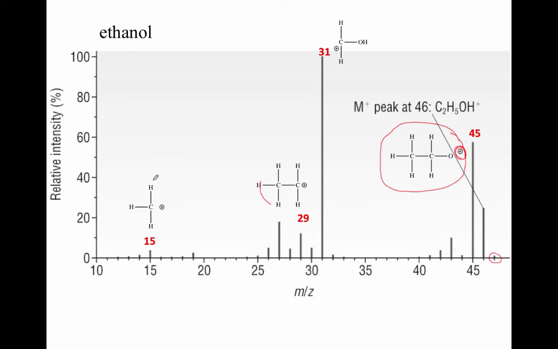And then at 15, this is fairly common as well, a CH3 with a plus. So what we're doing is we're looking for these well-known peaks, this is 29, the 31 peak, to give us an idea of: do I have some of that alkyl chain with the C2H5? Do I have methyl groups?